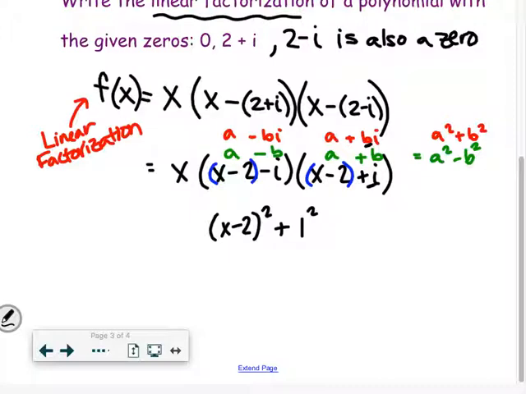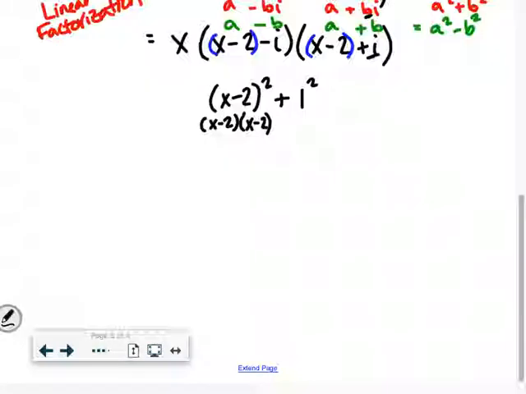Now work this out. X minus 2 quantity squared, side note for some people, that is not x squared minus 4 or x squared plus 4. It's got a middle term. So if you need to write it out as x minus 2 times x minus 2, please do that. X minus 2 quantity squared is x squared minus 4x plus 4. And then I've got plus 1.